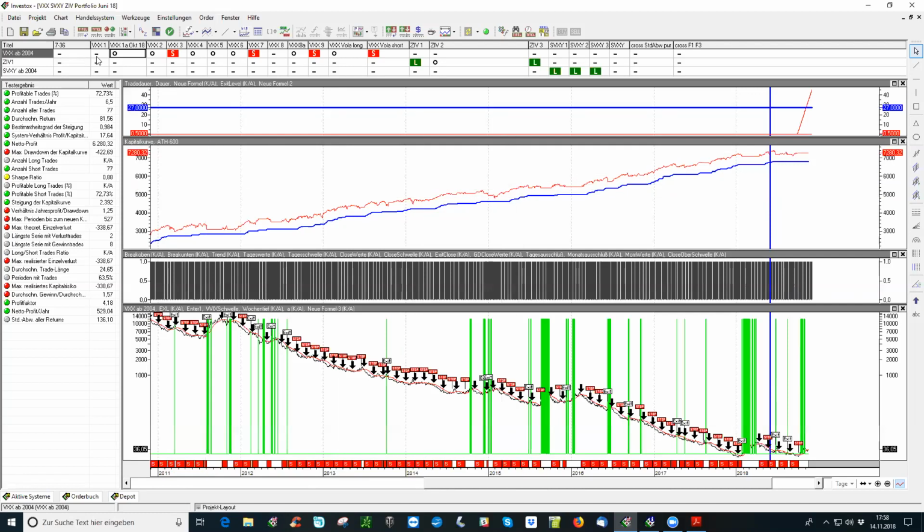So I replaced only 2 systems since the beginning. This is system number VXX1 and system number VXX8. As you can see here, the line means deactivated.